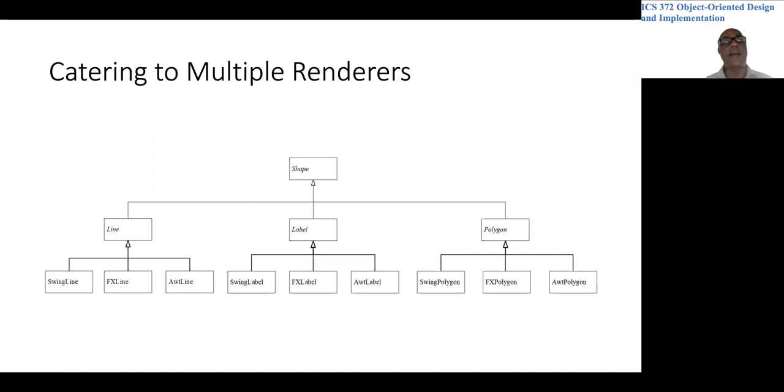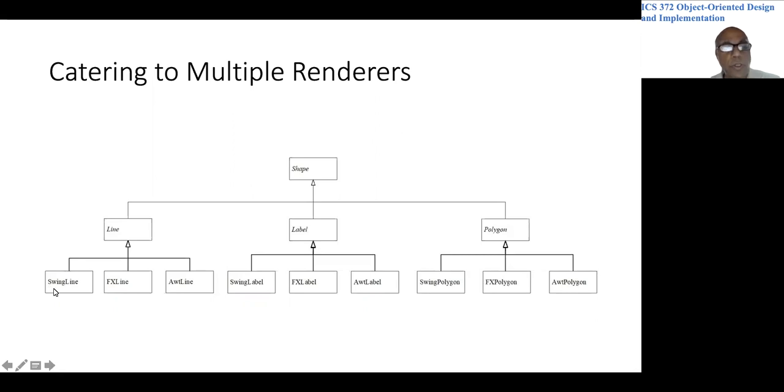Suppose we say, since the shape knows what its representation is like, let's assume that the shapes determine how to render themselves. So we could have the line rendering itself, the label rendering itself, the polygon rendering itself. But then it has to be tailored to the technology.